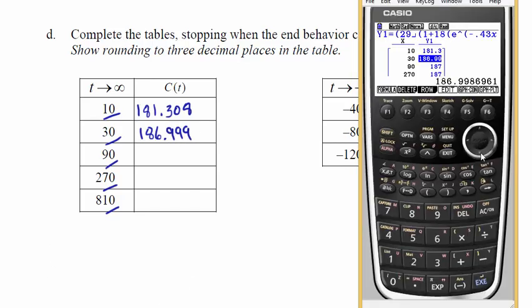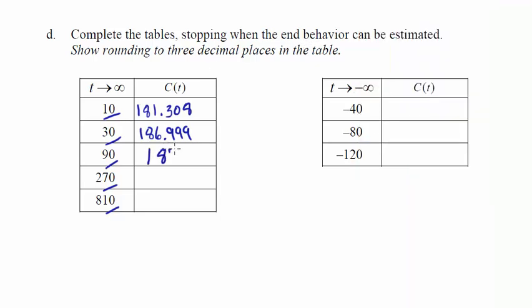Then at 90, I'm 187, 187 again at 270, 187. So looking at these output values, it appears that when I go to the right forever, I'm going to level off to this value 187.